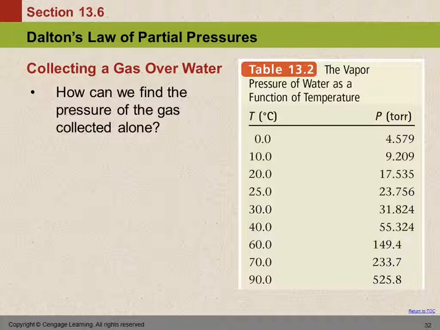And this should make sense because which evaporates faster, cold water or warm water? Warm water, right? Cold water does not evaporate very quickly, but warm water evaporates quite quickly. And this is indicated in this increased pressure. So to find the pressure of the water in the gas state, we call it the vapor pressure of the water, we just look it up in a table.